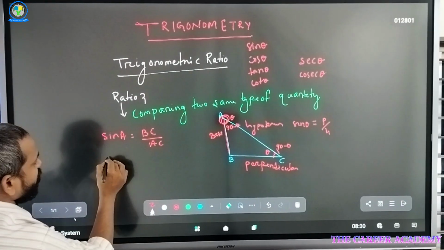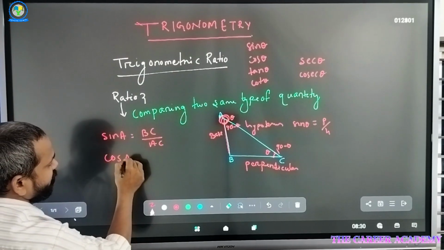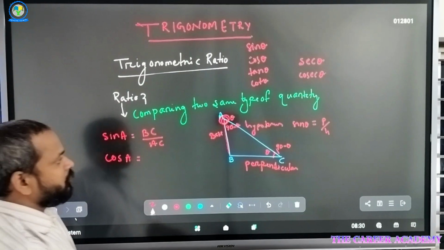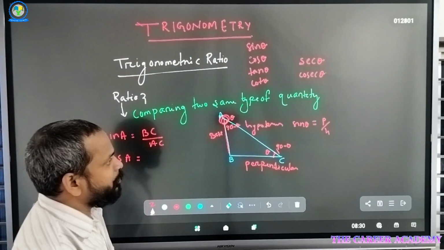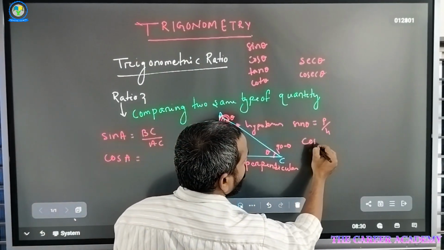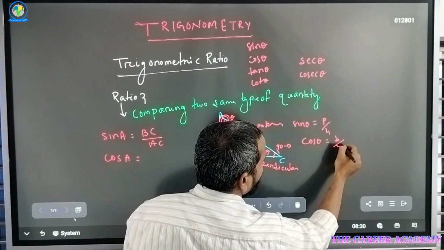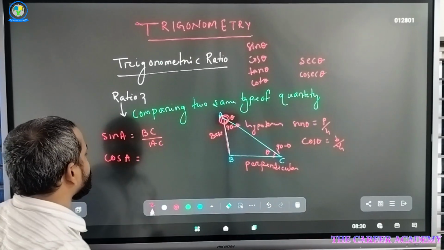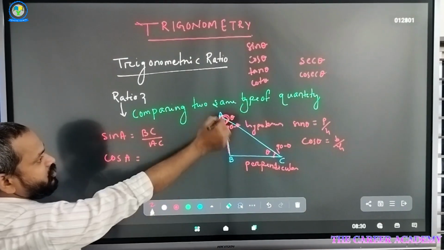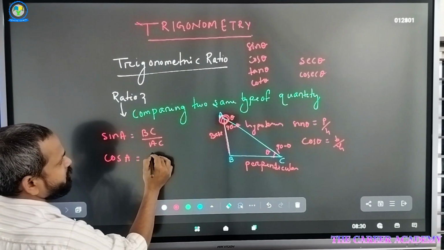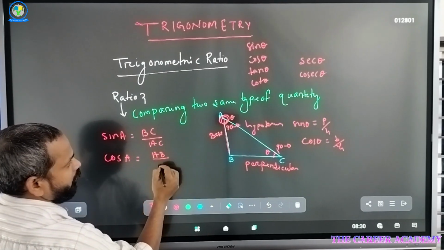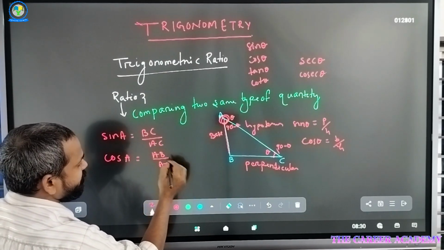If I take cos A, it is base upon hypotenuse. Cos theta we know is B upon H. That means cos A is base upon hypotenuse, which is AB upon AC.